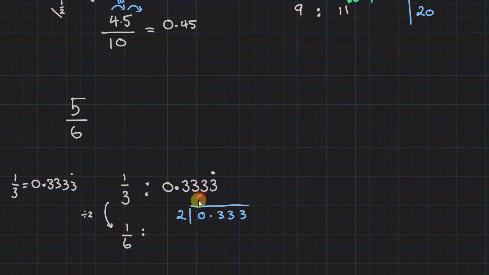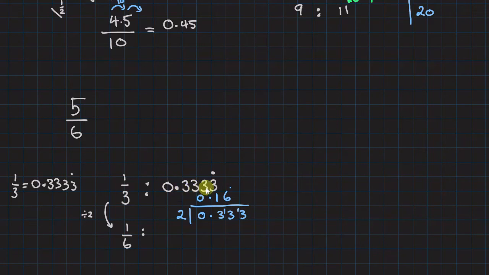So 2 into 0 doesn't go. I'm now passing the decimal point, nothing carrying over. 2's into 3 goes once, 1 left over. 2's into 13, 13 is 6, 1 left over. 2's into, right, I'm repeating.